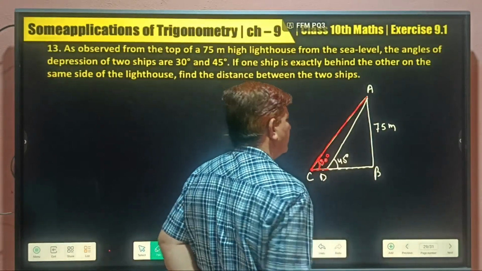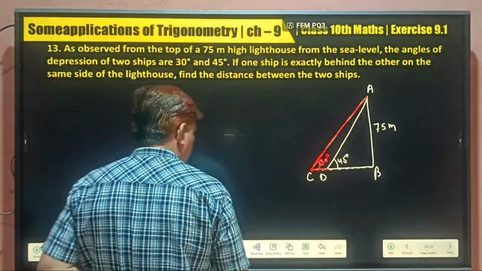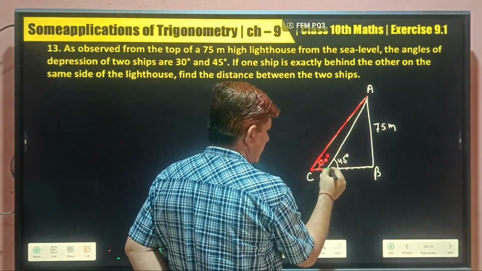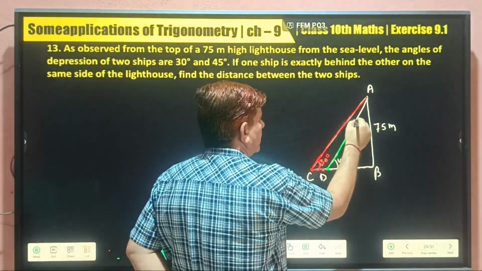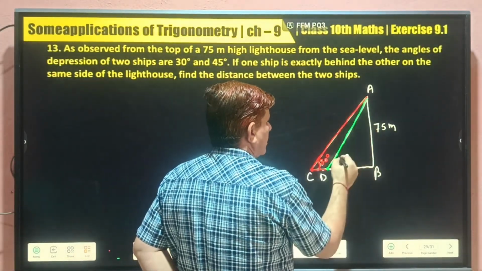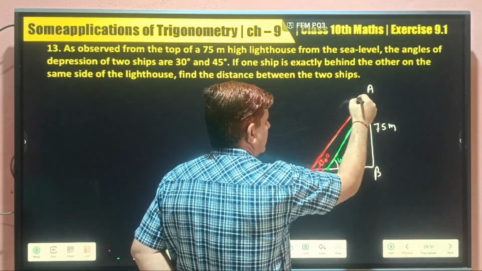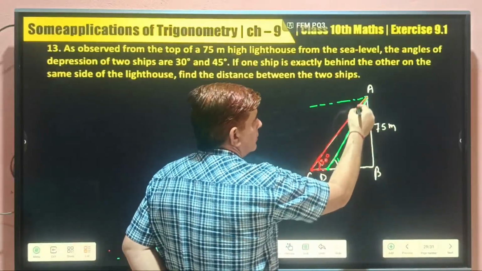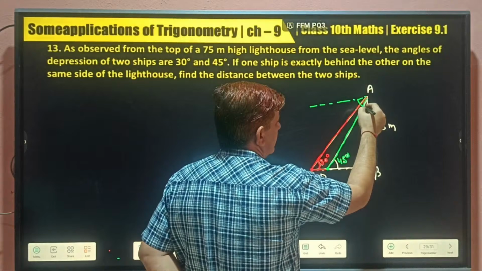Another ship is here and making an angle of depression of how many degrees? 45 degrees. Actually, this is like this. So this angle is 45.